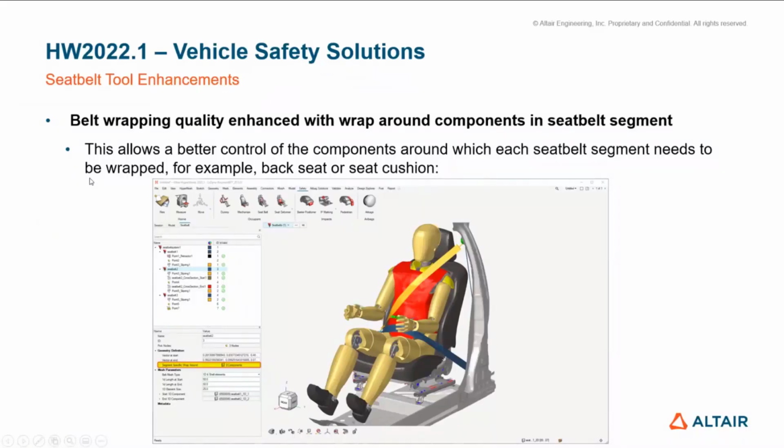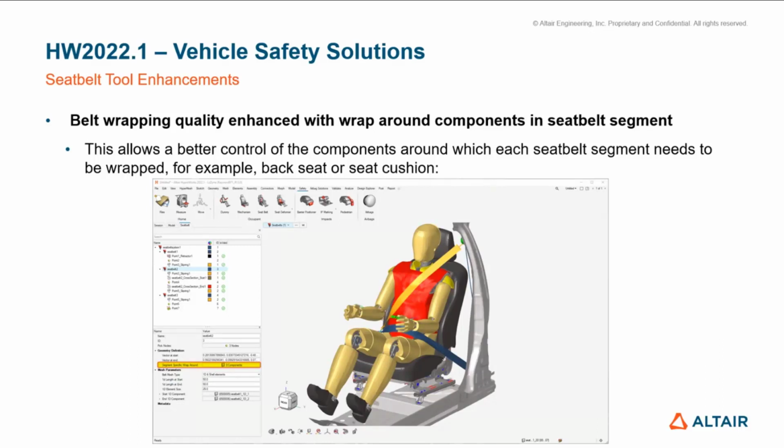Moving forward with the important enhancement in the seatbelt tool. Here we have enhanced the wrapping quality of the belt around the dummy and the seat by adding a new component selector, a wraparound component selector, inside each seatbelt segment. Why did we do that?